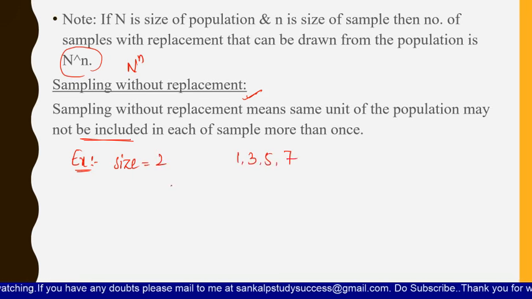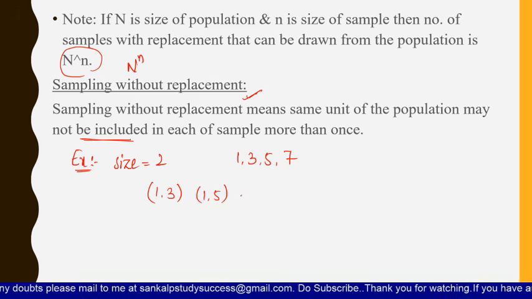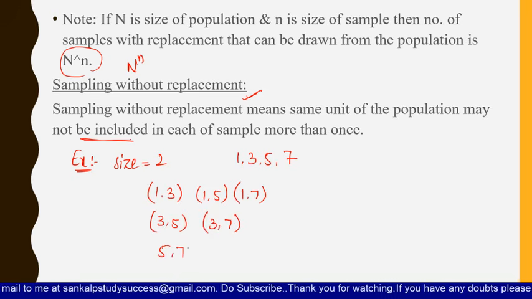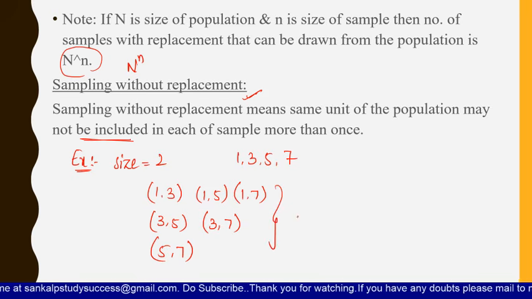Now you cannot include 1, 1 because 1 is repeating more than once. So you can take only 1, 3; 1, 5; and 1, 7. Then you can take 3, 5 and 3, 7. And you can take 5, 7. So that means 3, 4, 5 and 6. We are getting only 6 possibilities. So this is sampling without replacement.